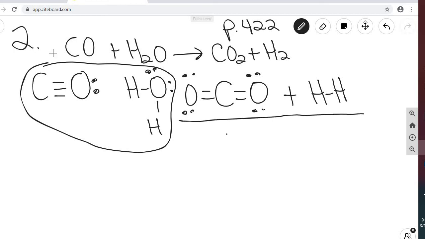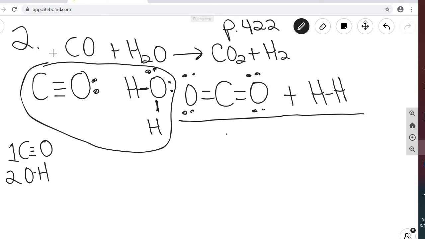On the breaking side, we have one carbon to oxygen triple bond and two oxygen to hydrogen bonds, so two OH bonds.